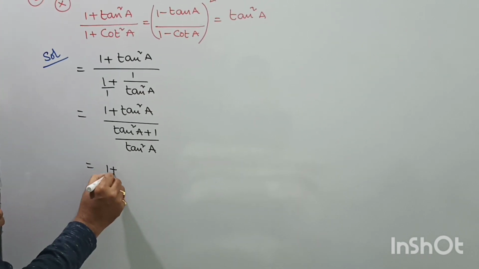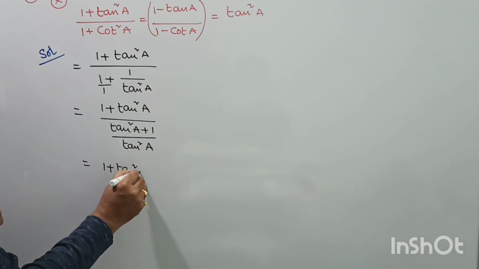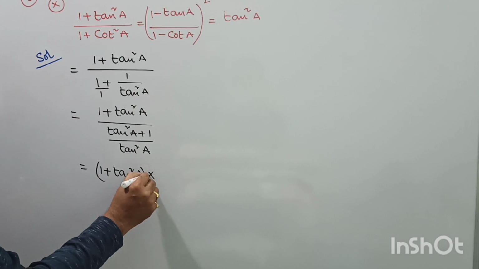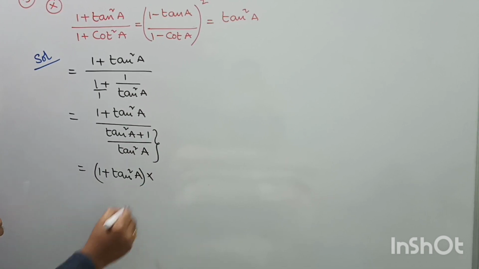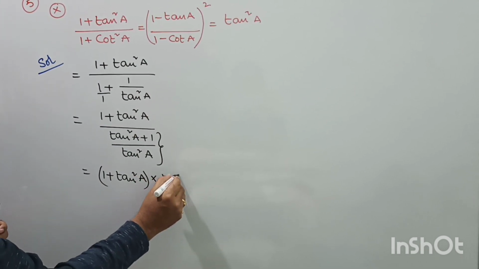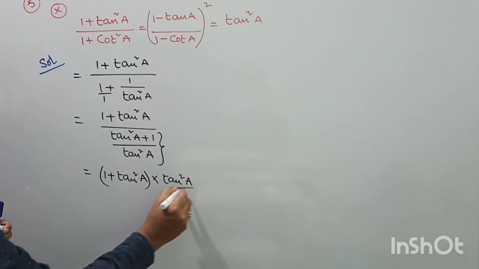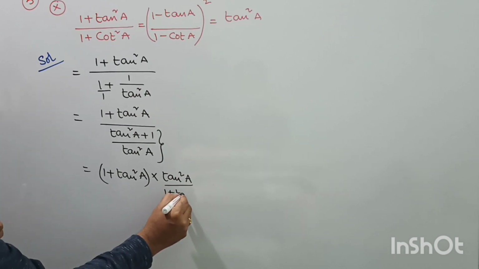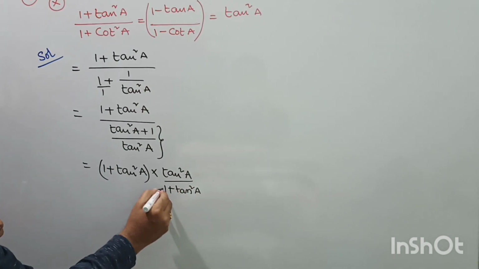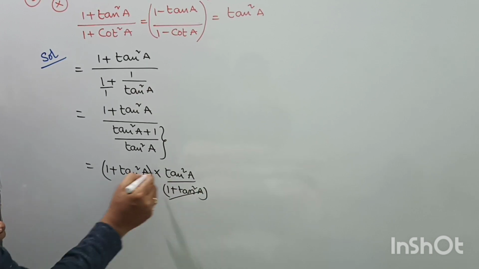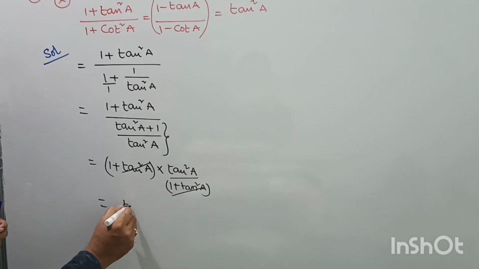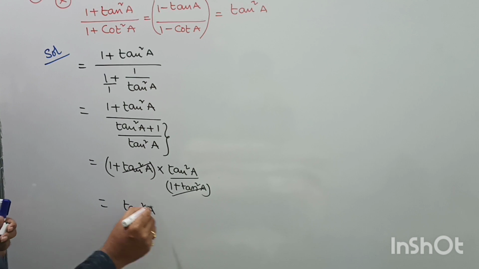Now we can write here 1 + tan²A into the reciprocal of this fraction, we can write as tan²A/(1 + tan²A). Now these both get cancelled, and the final answer is tan²A.